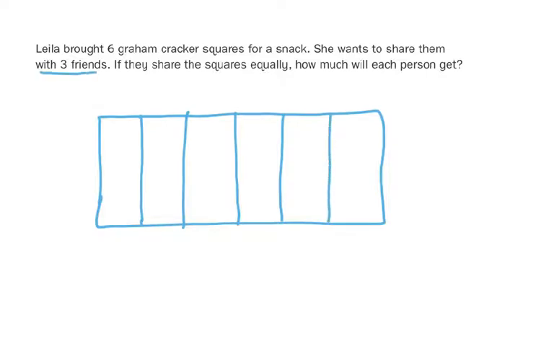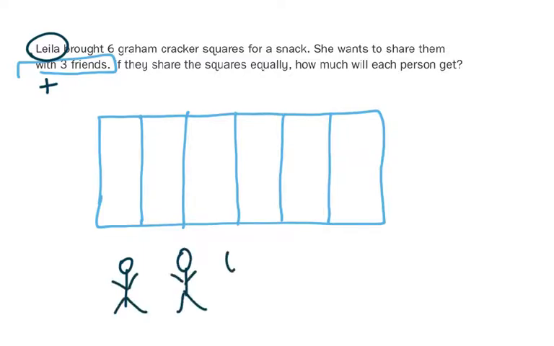She wants to share them with 3 friends. Now again, remember she's going to share them, so it's Lila plus 3 friends. So here's friend 1, friend 2, friend 3, and sweet little Lila who's sharing.